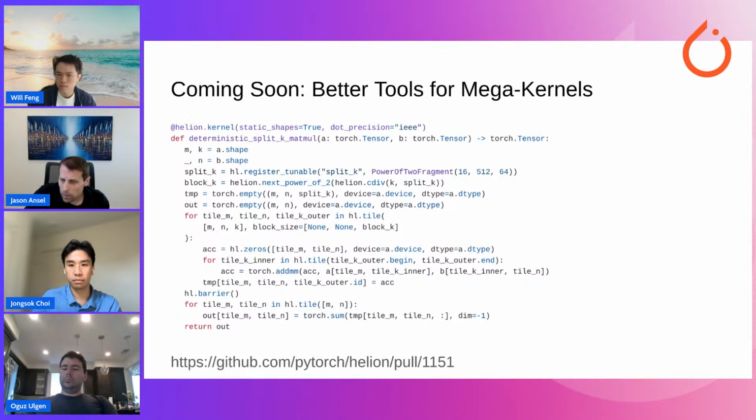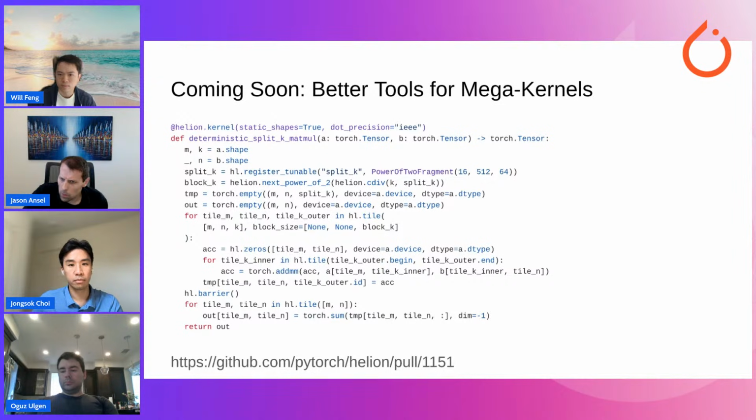And this PR that I'm linking below, which hasn't landed yet, is adding support for HL.barrier, which allows you to do cooperative style kernels where you can do communication through memory with different tile loops.